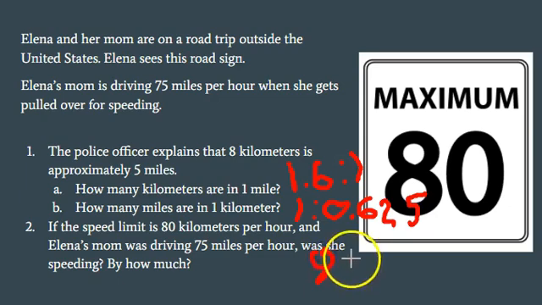Well, we know it was an 8:5 ratio. If I multiply both those by 10, it's an 80:50 ratio, isn't it? So really, 80 kilometers per hour is about 50 miles per hour. Yeah, so she was going pretty fast over the speed limit. She was going 25 miles per hour over the speed limit.